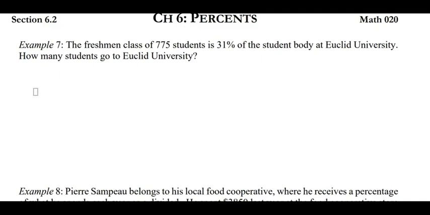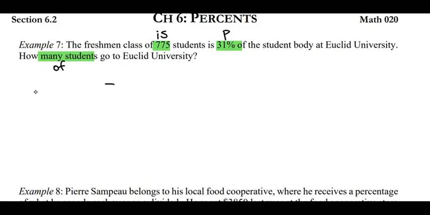So we're looking for the entire student body that has freshman, sophomore, junior, and senior classes. So this number, 775, is actually the is. How many students is your of. And then of course you have your 31%, which is your P.